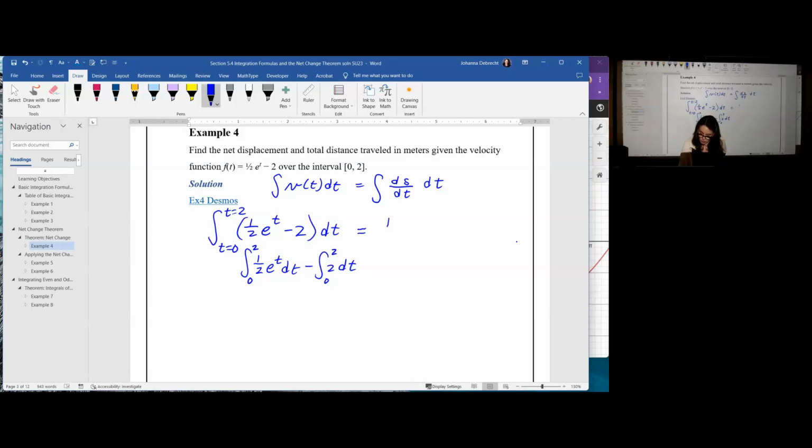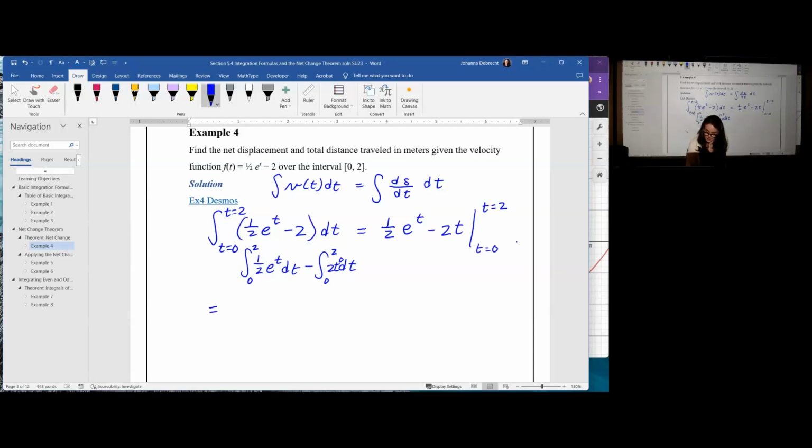This will give us 1/2, and we need the antiderivative function for e^t dt, which is e^t. And now we need to apply the power rule. We can think of the minus 2 dt as minus 2 t to the 0th power dt, which gives us minus 2t. This is to be evaluated between t equals 0 and t equals 2.